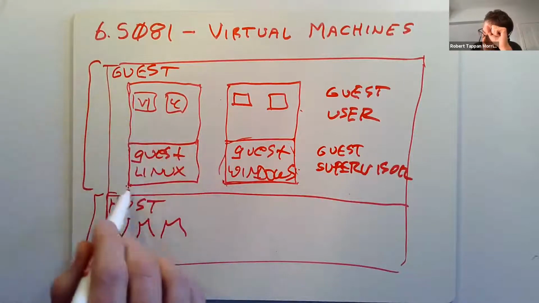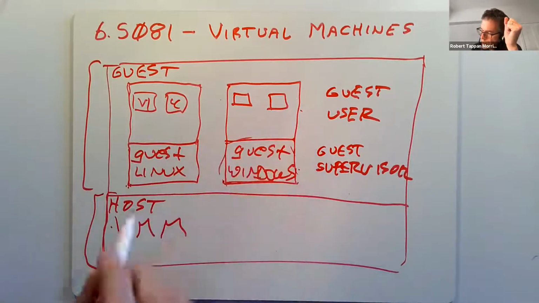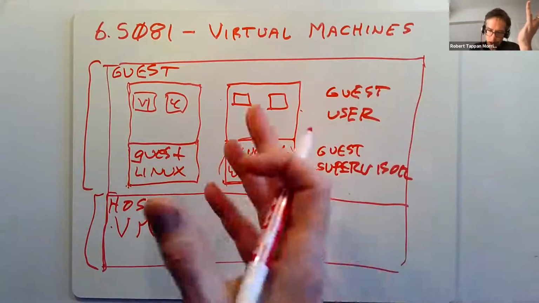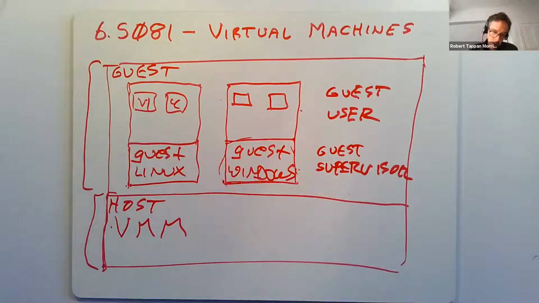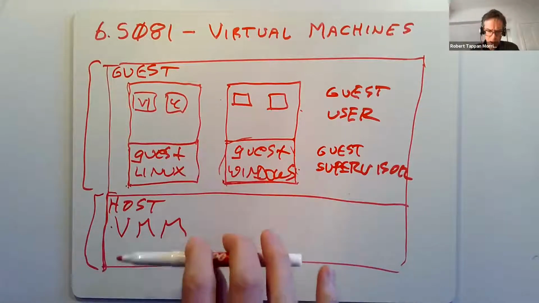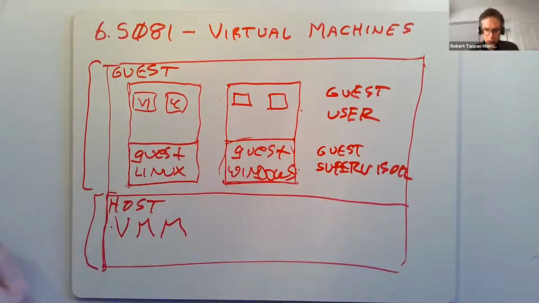Maybe it has 2 customers on this piece of hardware right here, but they're not using the computer very much. Maybe it can pack a 3rd or a 4th customer onto that same piece of hardware, without spending extra money, but get more revenue. So virtual machines allow an extra level of flexibility.